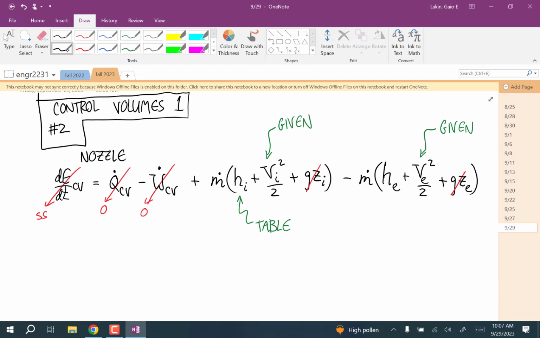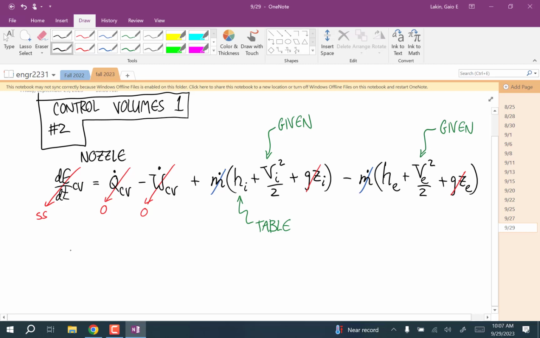All right, so let's simplify this. Since everything's gone away except stuff divided by m dot, we can cancel the two m dots. I mean, basically what we're doing is dividing both sides by m dot. Okay.